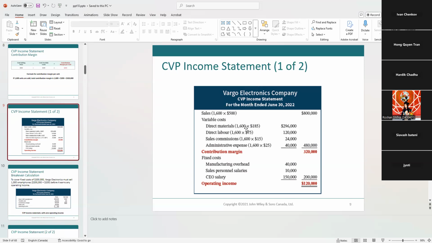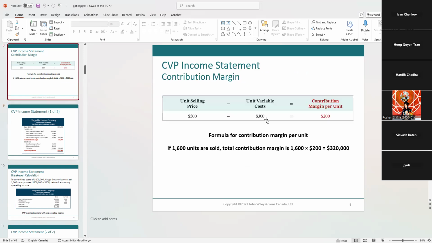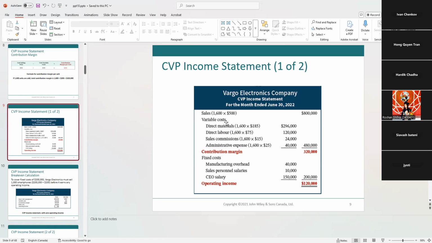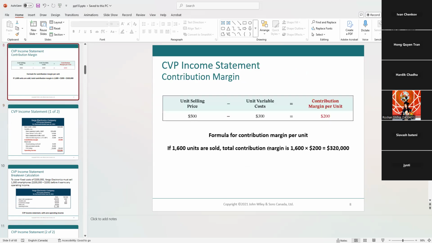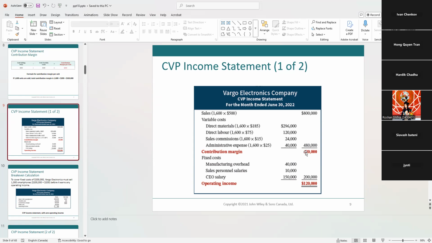Variable cost, which covers direct material, direct labor, sales commissions, and administrative expenses, in total was $300 per unit. 300 times 1,600 gives you $480,000. Contribution margin is $320,000. Why? Because we're selling 1,600 units, and contribution margin per unit is $200. That gives us 320.